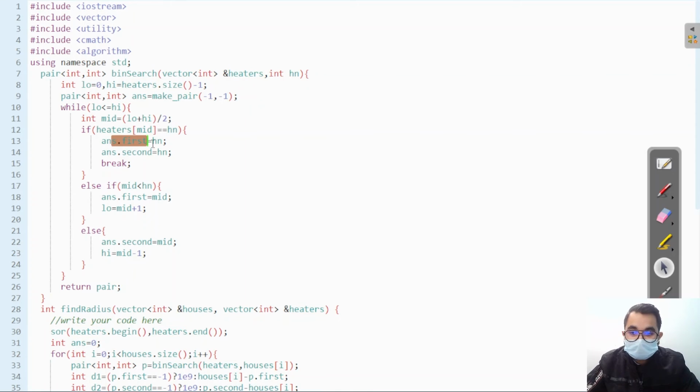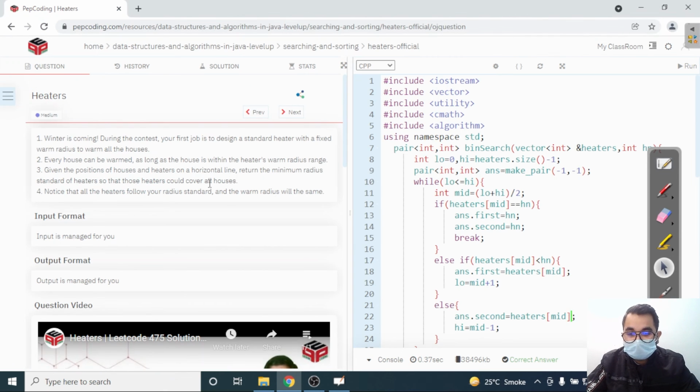Here I'm just storing the house number, so there is not a problem here. But here I will need to do the same thing, and here too, where I have put just mid, I will have to update it as heaters[mid], because it is the index. Okay, so that's it. I think we are done with the code.